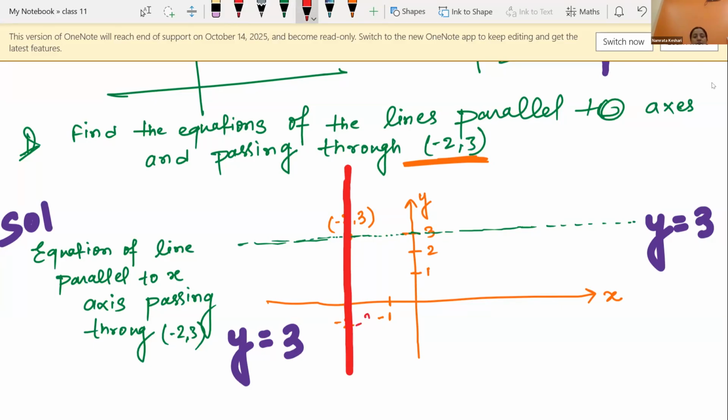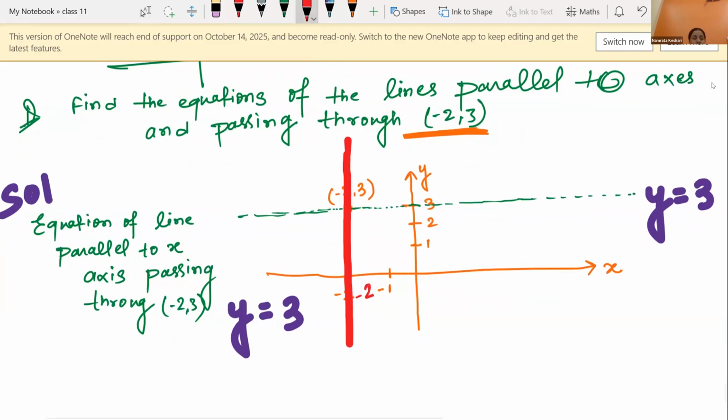Please tell me what will be the equation of this line. X equals to k.